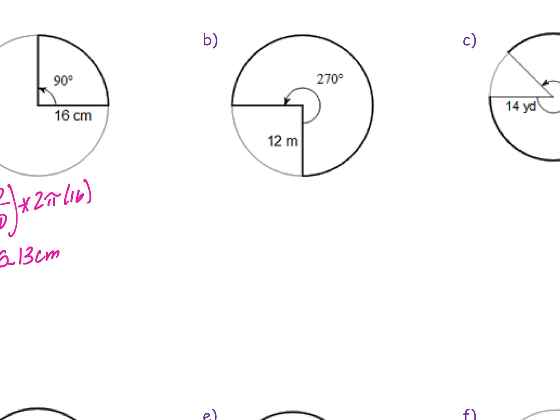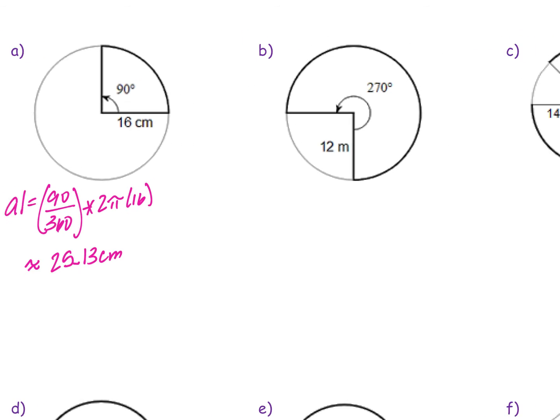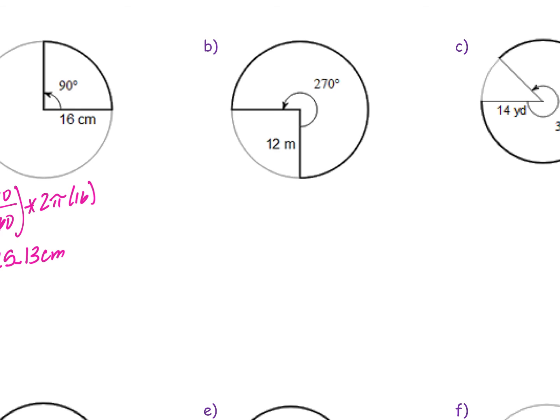For number B, yes. If it has 6.283, I would have to round it. So 6.28, because the 3 is underneath 5. The third number tells you if you're going to round it or not.